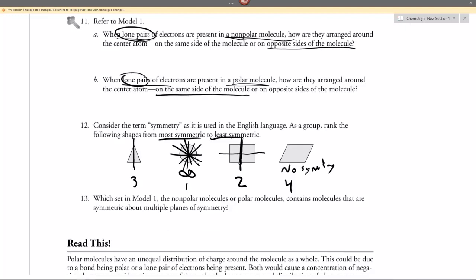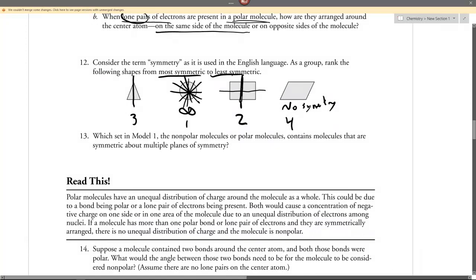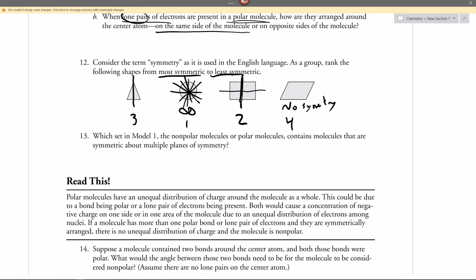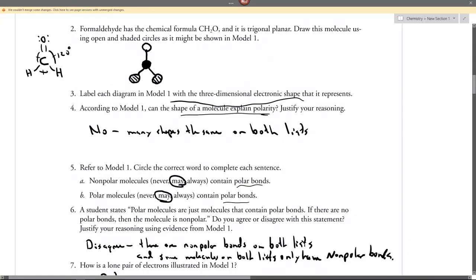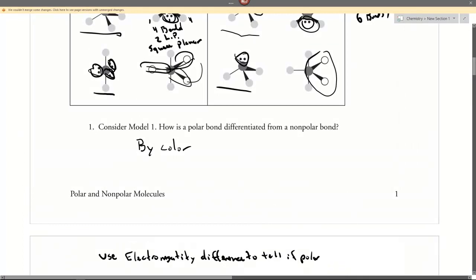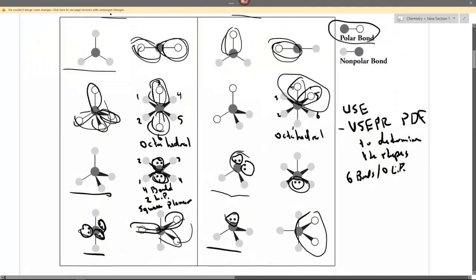All right, which set in Model 1, the nonpolar molecules or polar molecules, contain molecules that are symmetric about multiple planes of symmetry? Okay, so let's go back to multiple planes. Let's see, this one, I could find symmetry that way, or this way, or this way. I can find symmetry this way and this way.